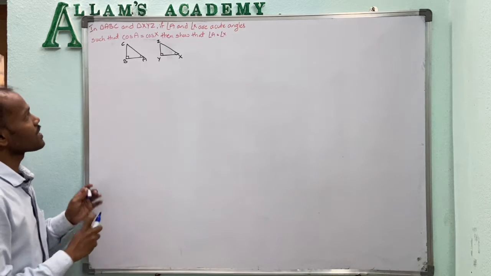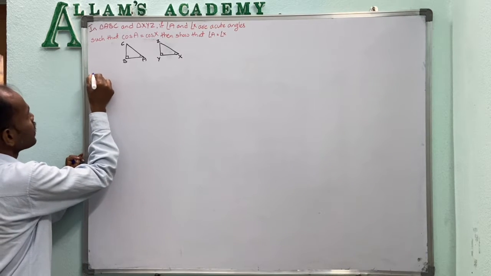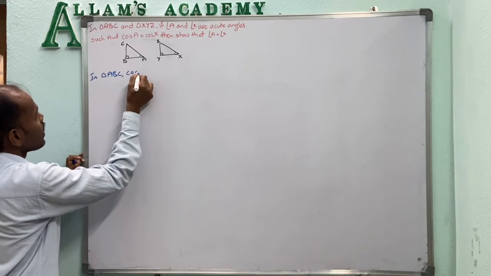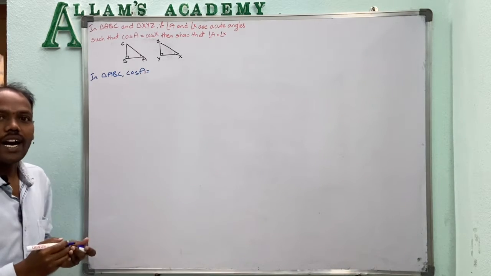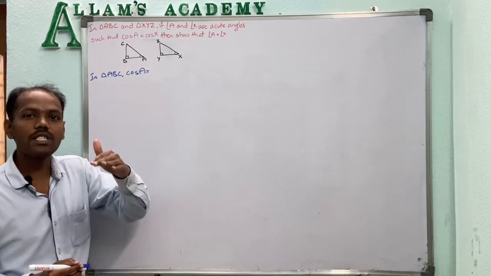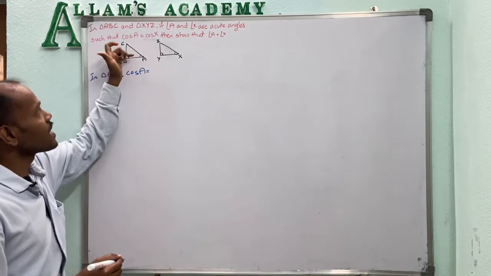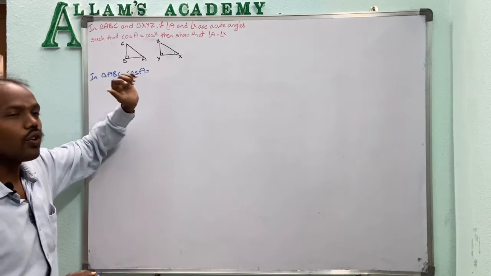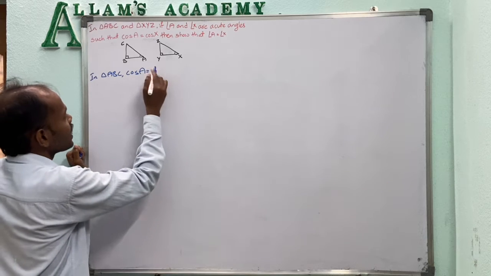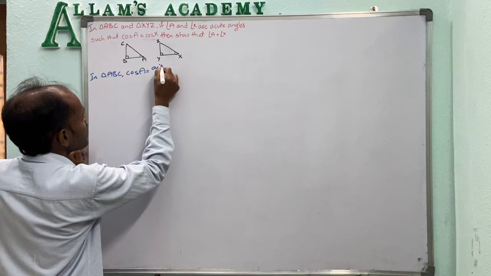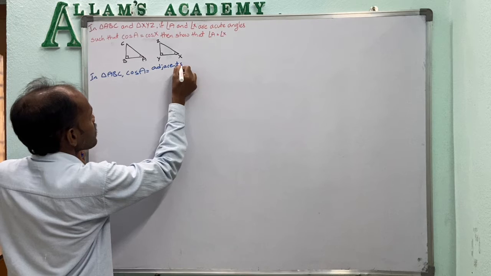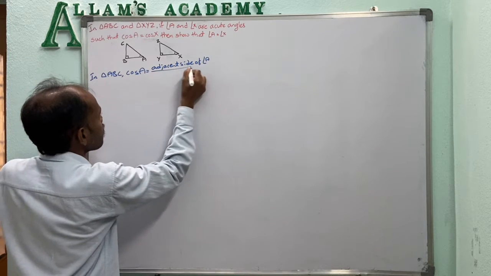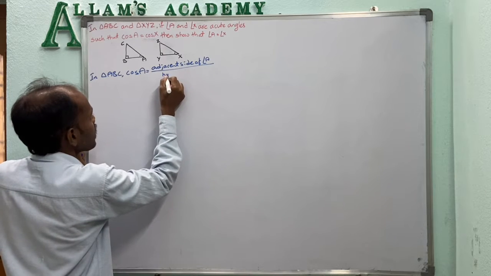So cos A in triangle ABC. Cos theta equal to, what is the principle? The adjacent side of angle theta by hypotenuse. Okay, so here angle A is given, so the adjacent side of angle A by hypotenuse.